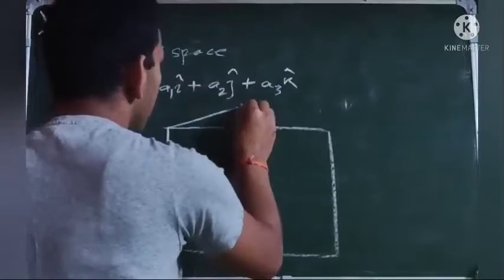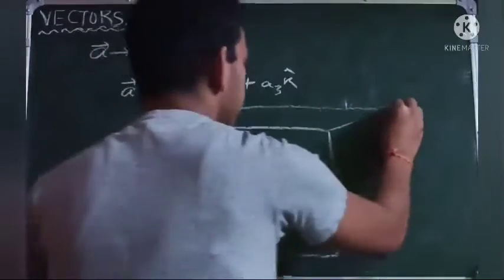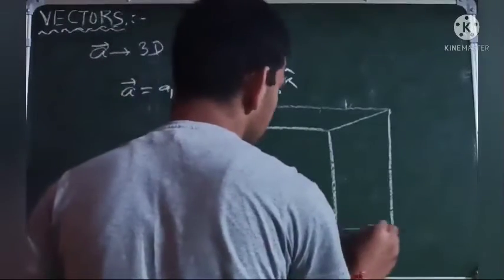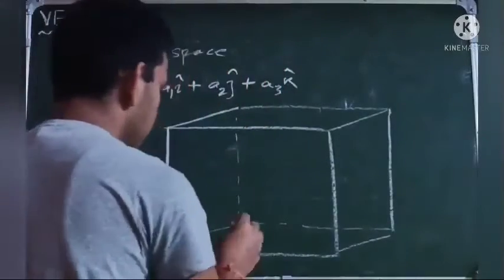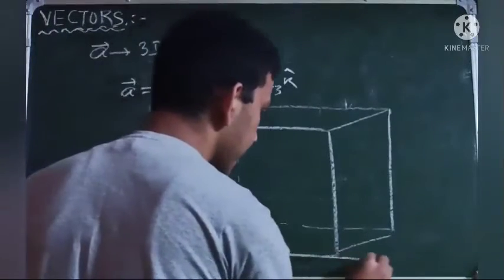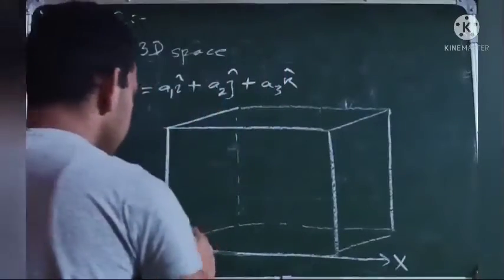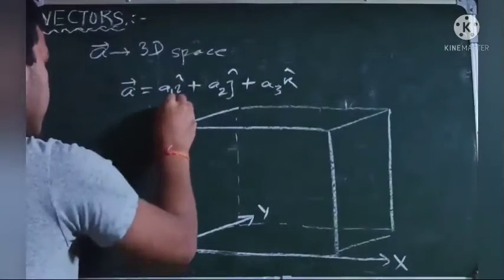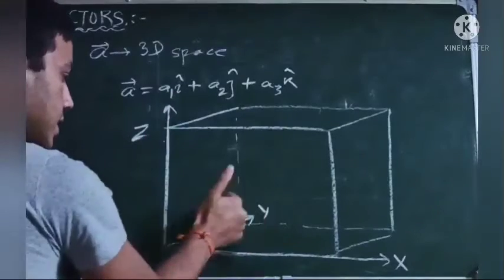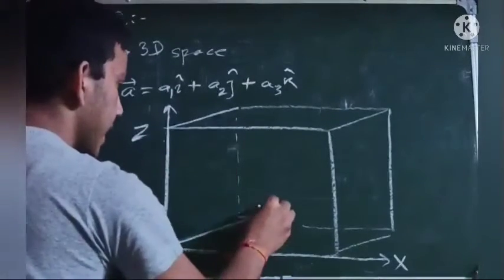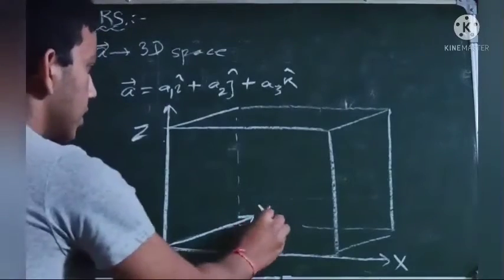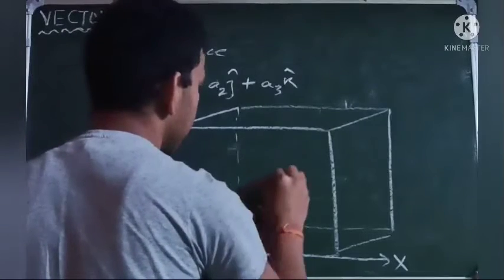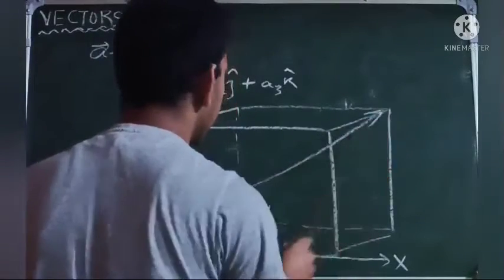Let us draw a cuboid. Suppose this is the x-axis direction, this be the y-axis direction, and this direction be z-axis. This is x, this is y, so this is z-axis. Now let this be a vector.